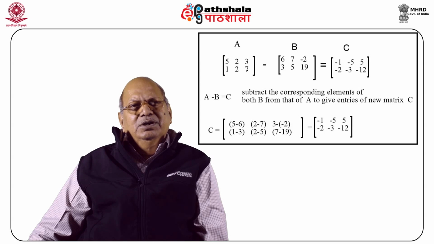Here corresponding entries are subtracted. 5 minus 6 is equal to minus 1. 2 minus 7 is equal to minus 5. 3 minus 2 is equal to 1. Like this, all these entries can be obtained in this case.